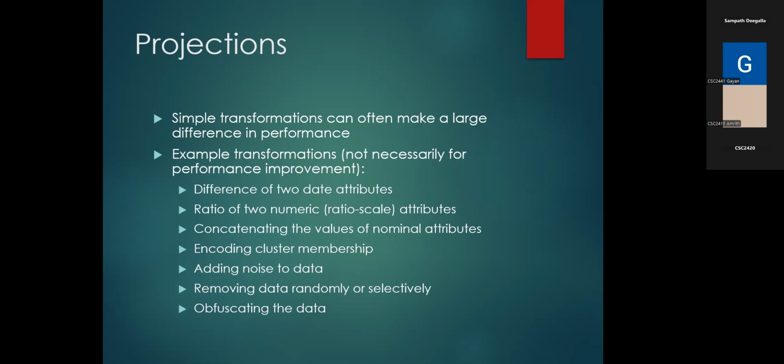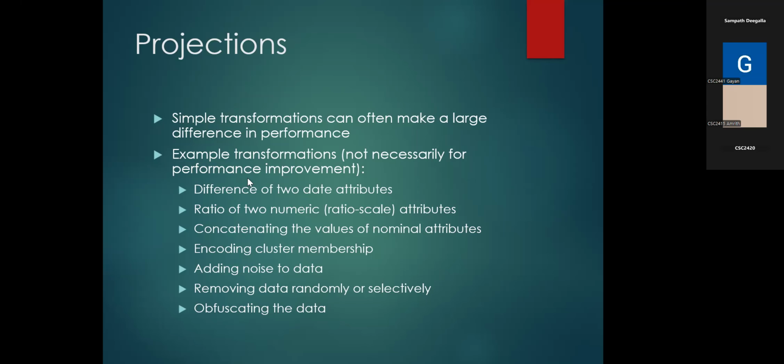Sometimes you can cluster the data and then use that cluster information. That is also a projection we can use. You can add noise, some randomness, into the data, and then remove data randomly or selectively. That is also another transformation. Those are the simple ideas we can talk about in projections.